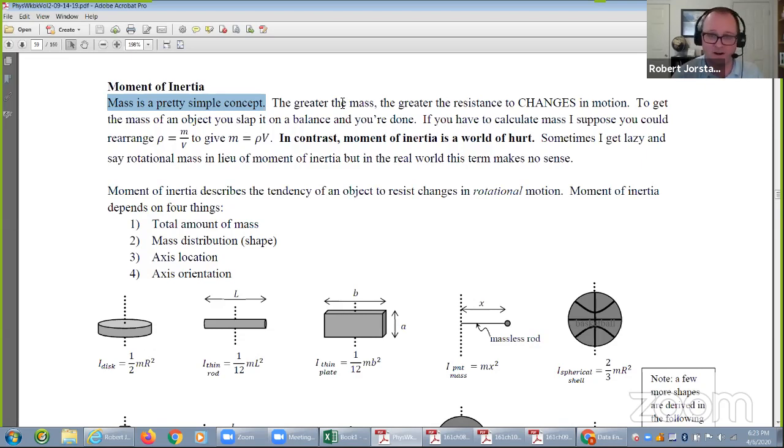It's hard to get it started, but once you get it started, it's hard to stop. Okay. Moment of inertia is similar to that. The more moment of inertia you have, the harder it is to get you started rotating or to stop your rotation. So, moment of inertia is a measure of your ability to resist changes in rotational motion. Let that sink in.